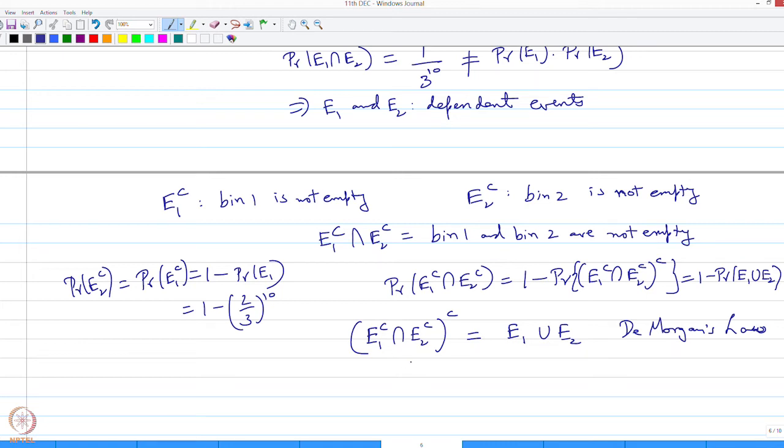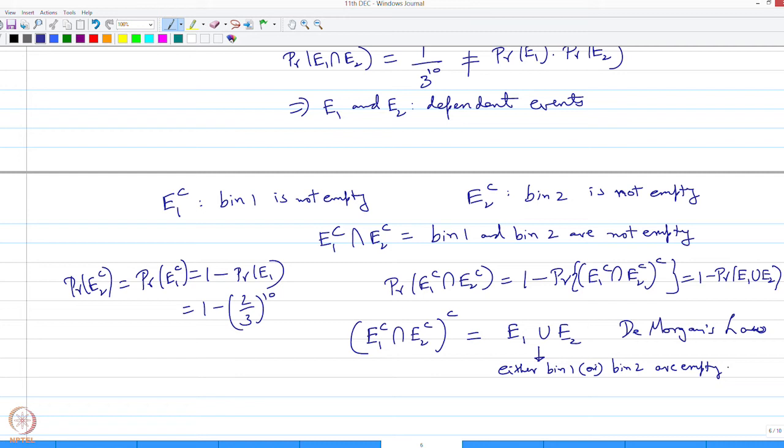So, it is easy to argue this in English also, right. What is E1 complement intersect E2 complement? That is bin 1 and bin 2 are not empty. What is E1 union E2? Right? This is either bin 1 or bin 2 is empty.